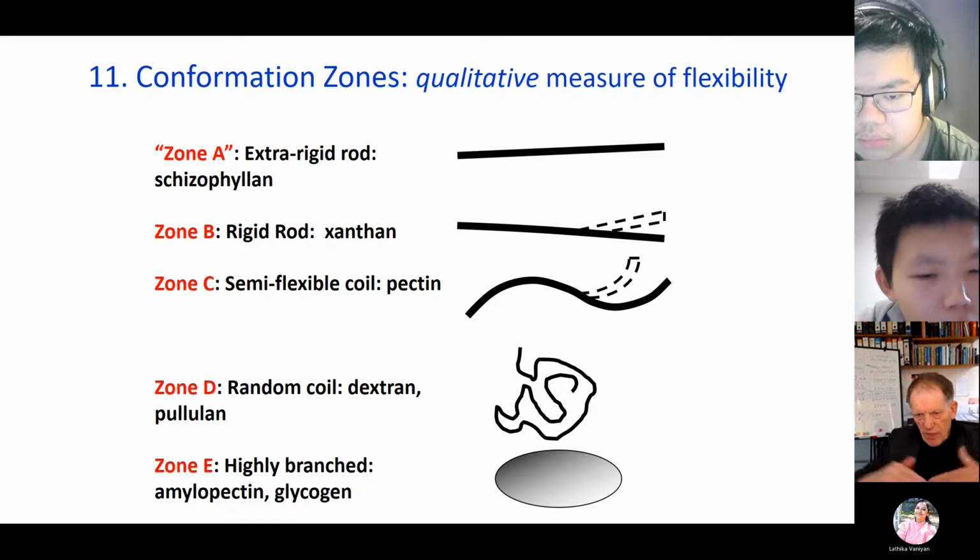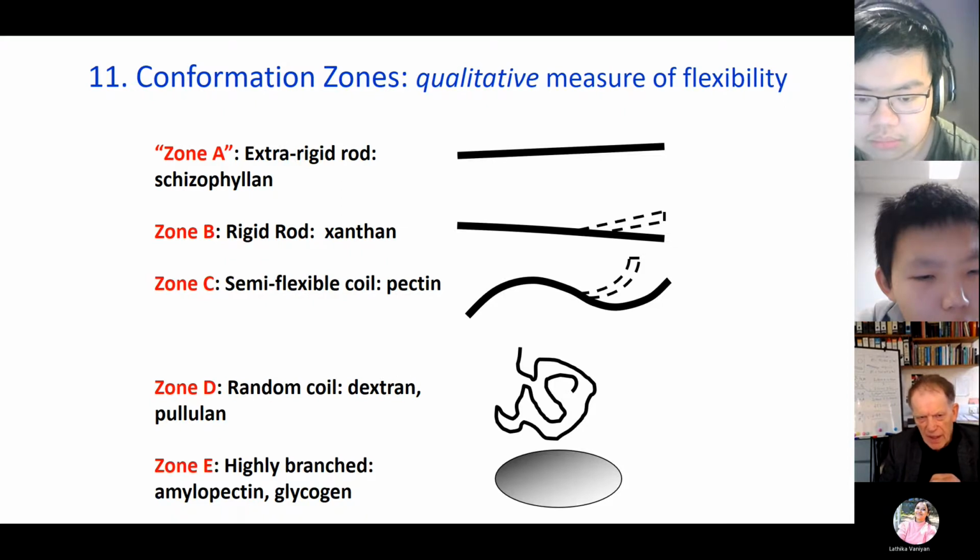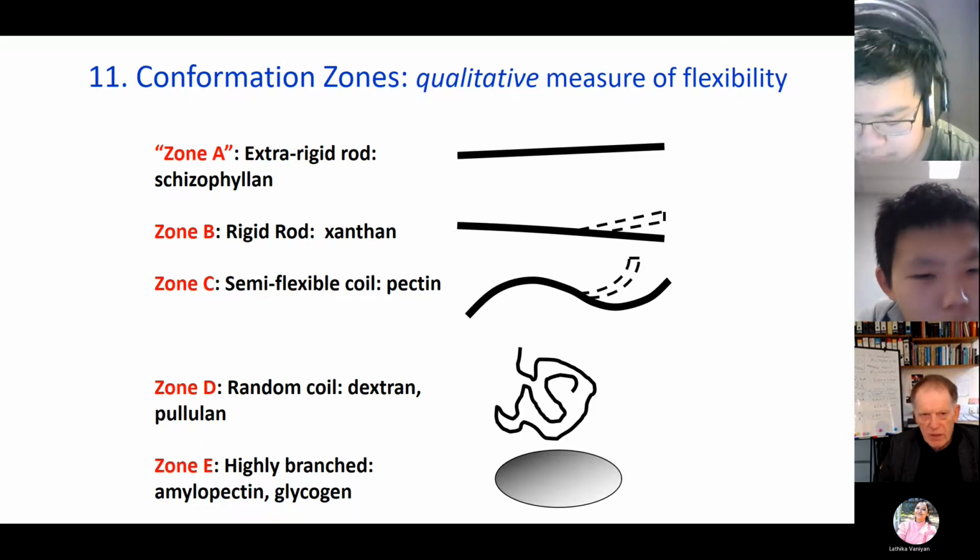So this is, if you like, a more refined form of the Haug triangle representation. So we have 3 extremes: the sphere, rod, and coil at the hypothetical ends of this triangle. I think we covered that in the macromolecular size and shape lecture earlier on in the course.